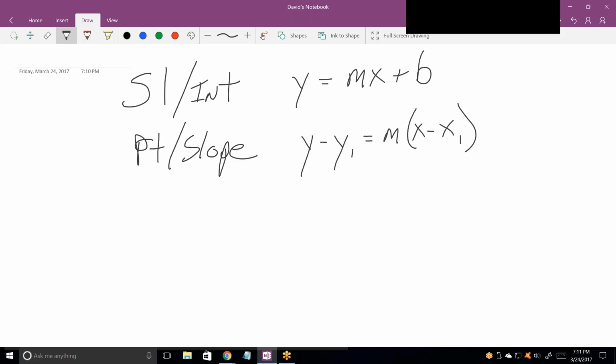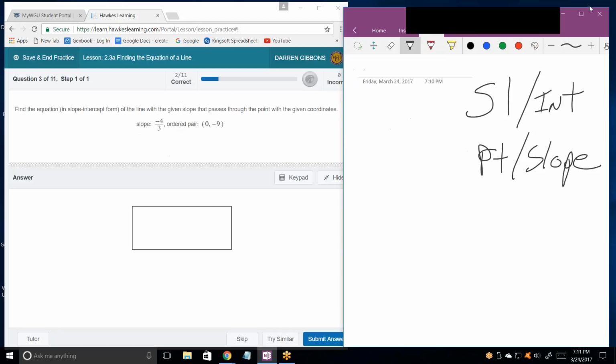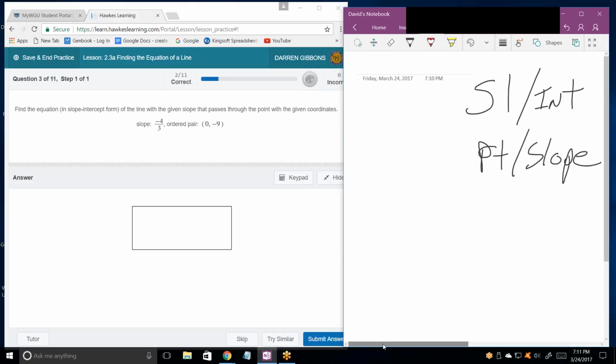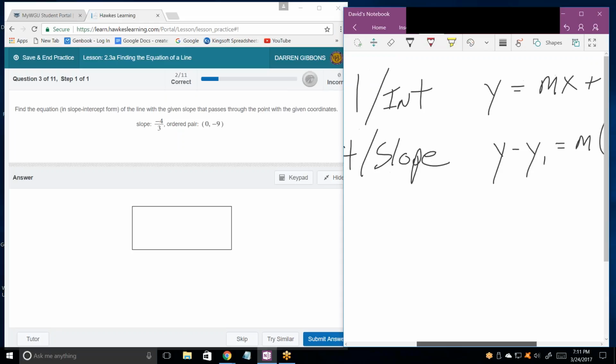So one way to help memorize point slope format is this. These are the two primary formats that we're always going to be dealing with, slope-intercept and point slope.